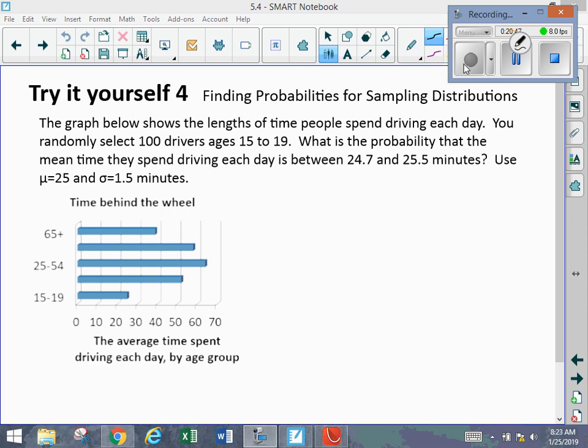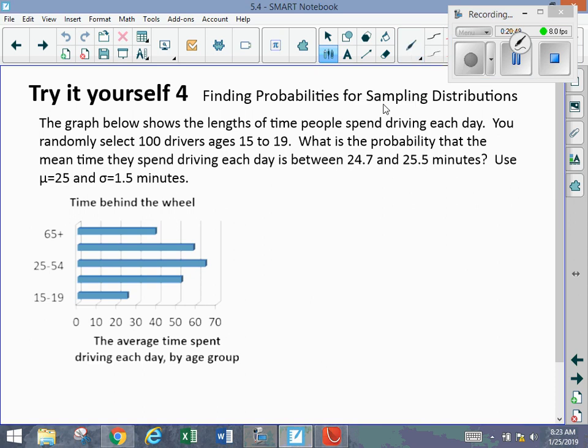So here we go. In this case, we have lengths of time people spend driving each day. If we randomly select 100 drivers, so if it says we randomly select or sample, right away I'm going to say that's what n is. n is always my sample size. In that case, my sample size is 100.